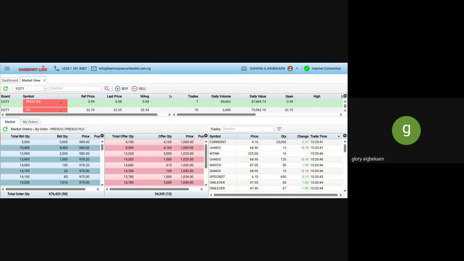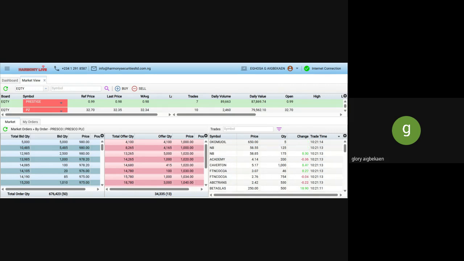But right now, NACO is trading at about 80 naira per share, whereas Sky Aviation is just trading at about 58 naira. See NACO now, almost 82 naira.